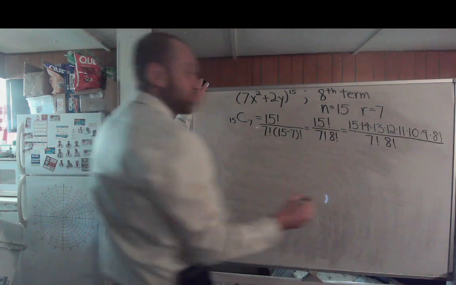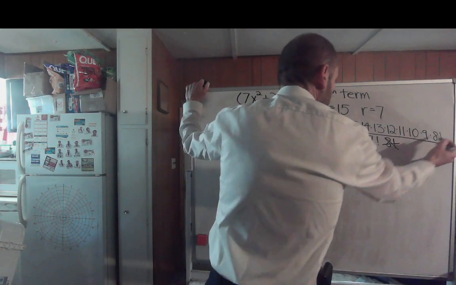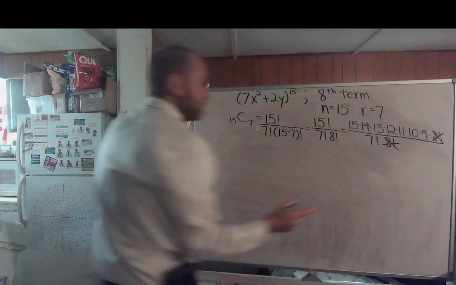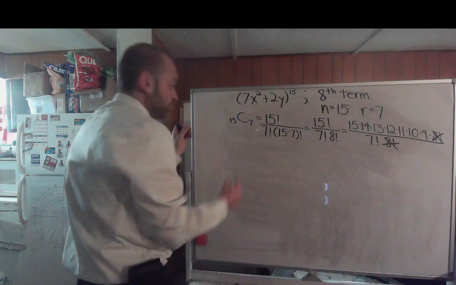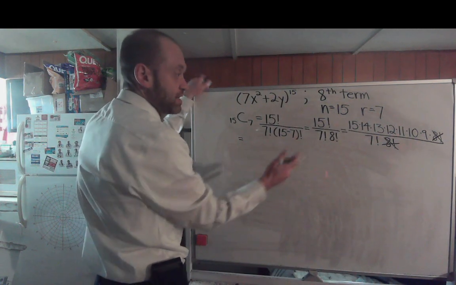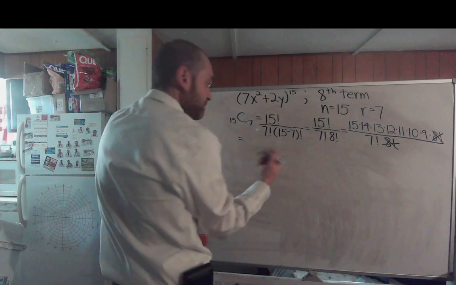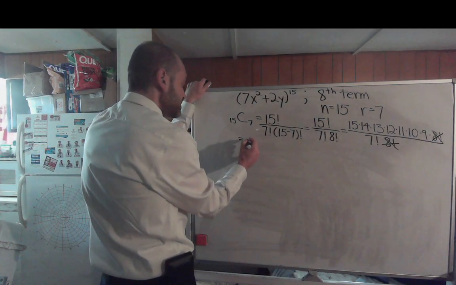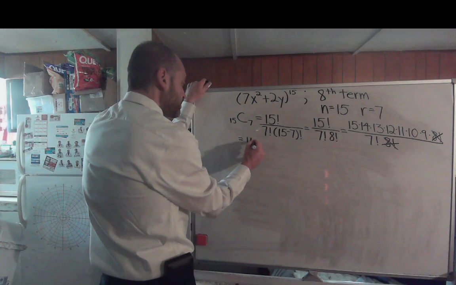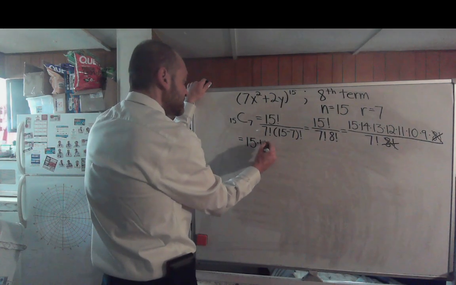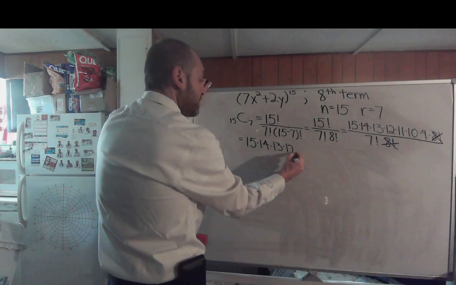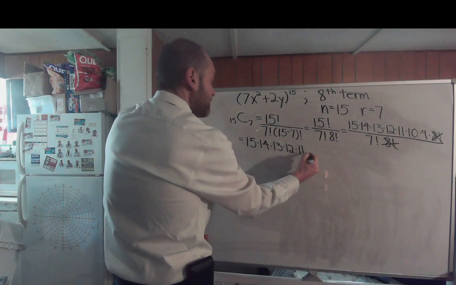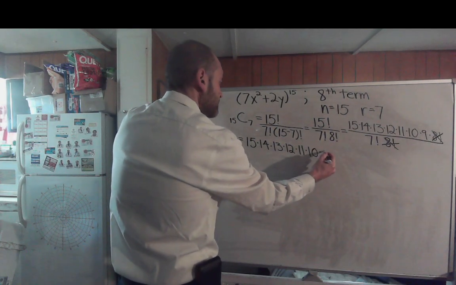Well, good news is we can cancel out the 8 factorials between the numerator and denominator. So you're left with all this over 7 factorial. Well, let's expand the denominator to get a feel for what 7 factorial is. So in the numerator, you'll just have 15 times 14 times 13 times 12 times 11 times 10 times 9.